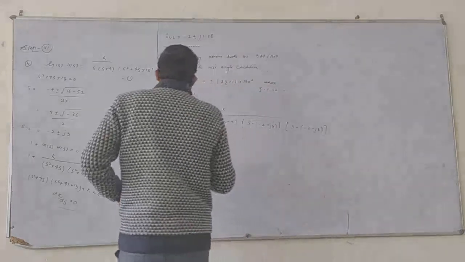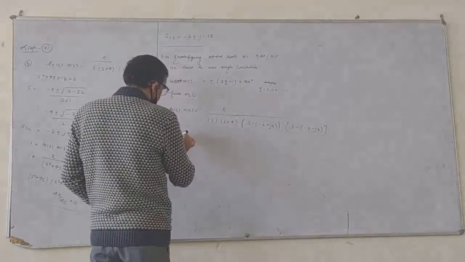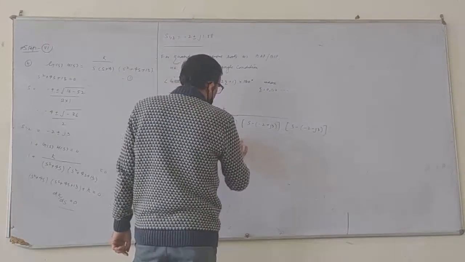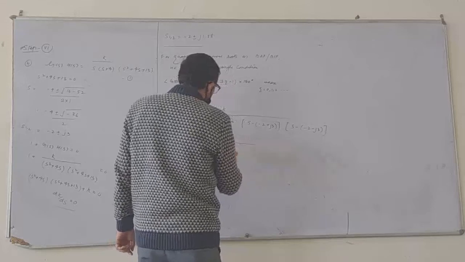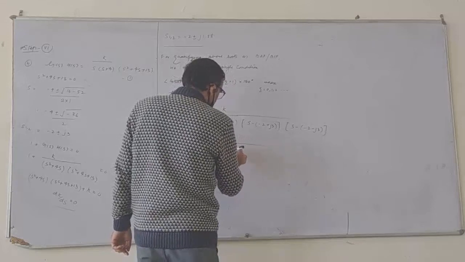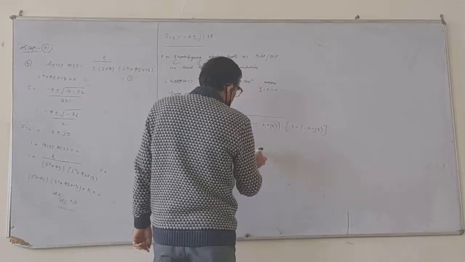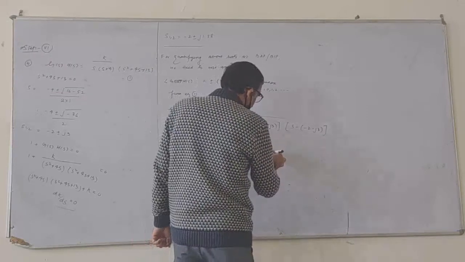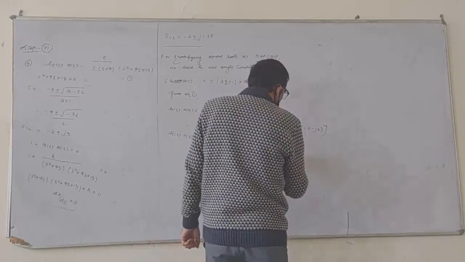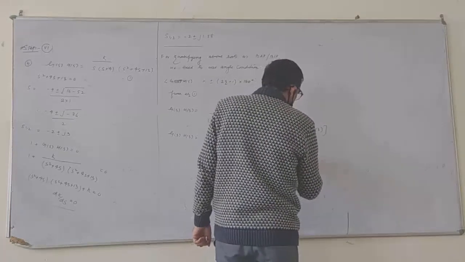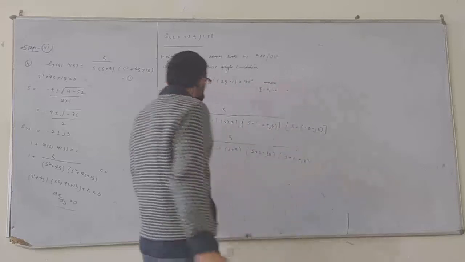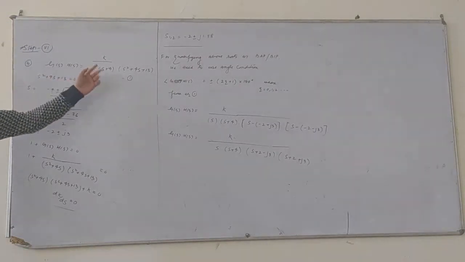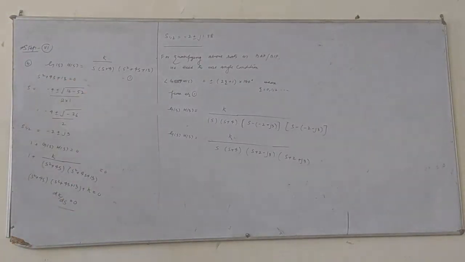So G(s)H(s) equals K divided by s into s plus 4 into s plus 2 minus j3 into s plus 2 plus j3. We have substituted the roots here. You can multiply this out and you will get the same equation; it's not a problem.